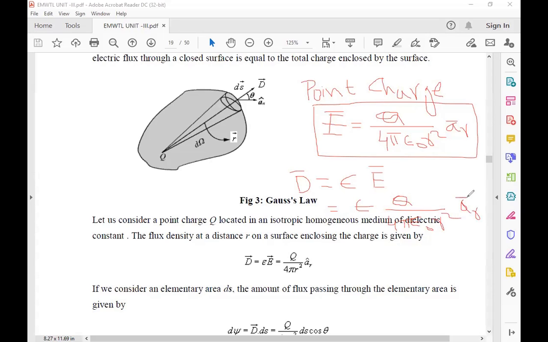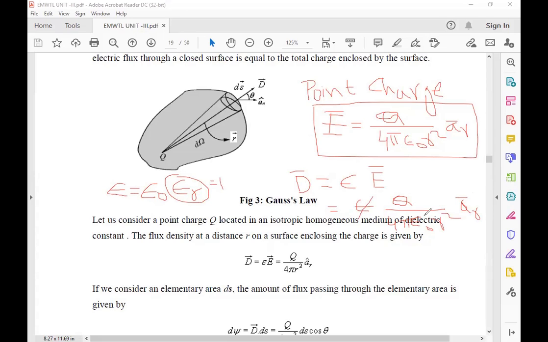After substituting, epsilon is the dielectric constant, epsilon naught into epsilon r. In free space, epsilon r is always equal to 1, so epsilon is equal to epsilon naught only.